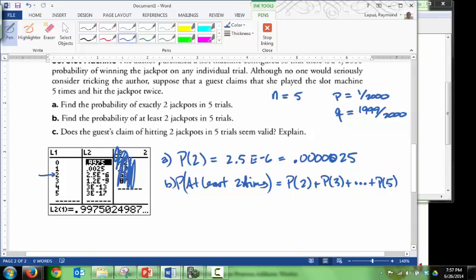I guess there's only one more here. Anyways, this is what it's saying. So I would want to add up all these probabilities here. So it's 2.5 e to the negative 6 plus 1.2 e to the negative 9 plus 3 e to the negative 13 plus 3 e to the negative 17, which is really, really small. It's really about the same thing as this anyways.